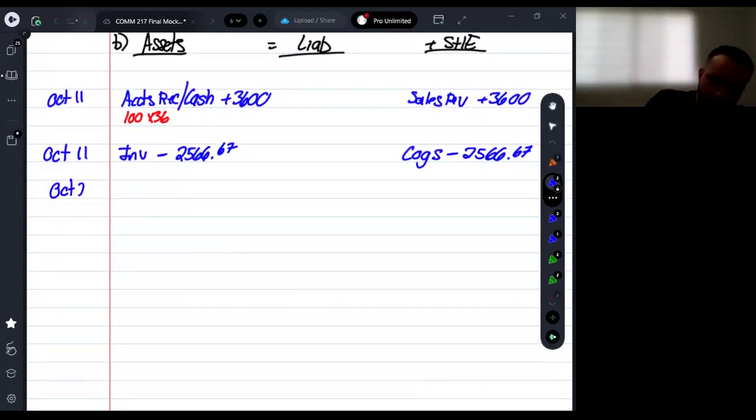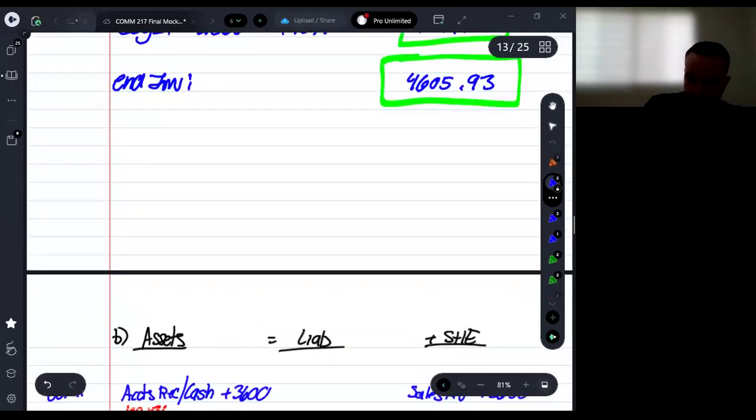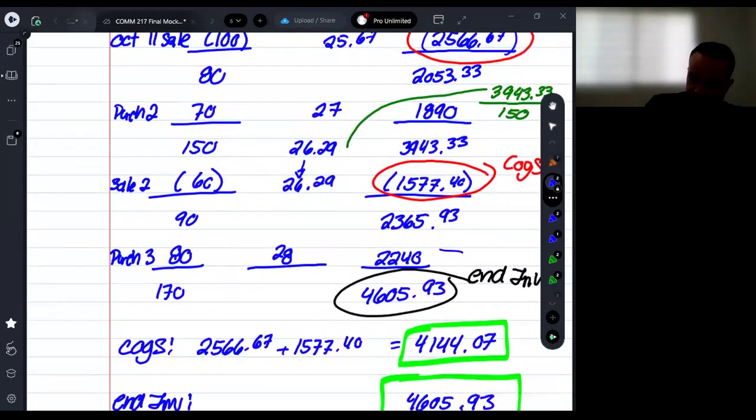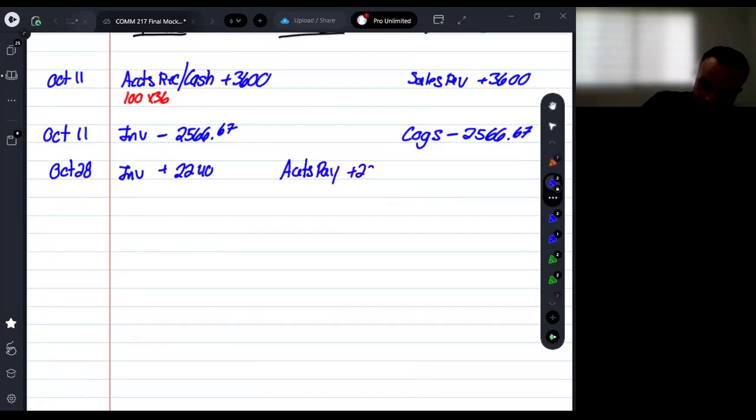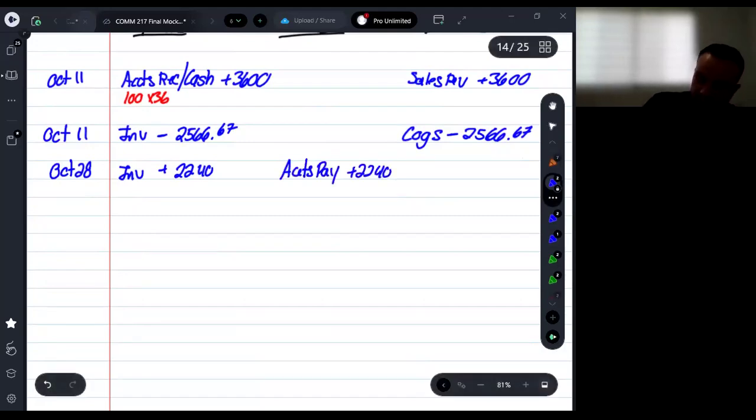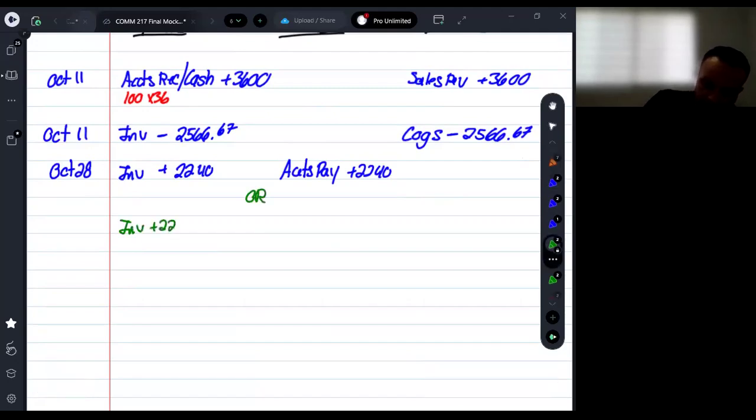And they also wanted for October 28th, this is a purchase. So inventory is up to 240. That's what we had over here. And either you say accounts payable goes up 2240, or inventory goes up 2240 and cash goes down 2240.